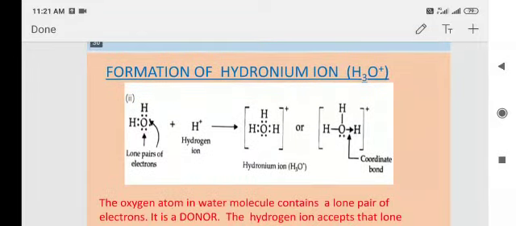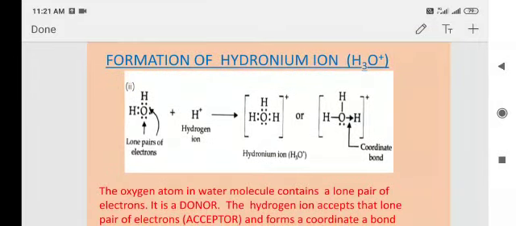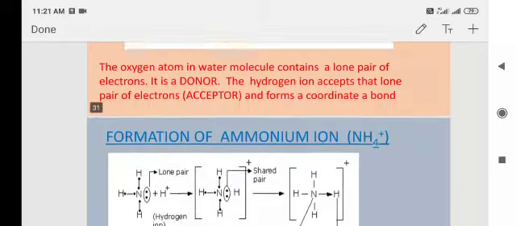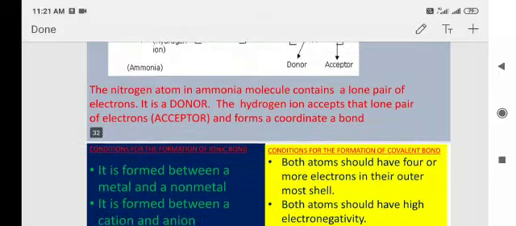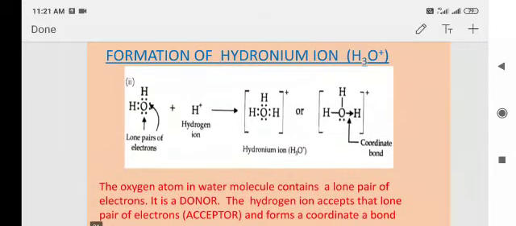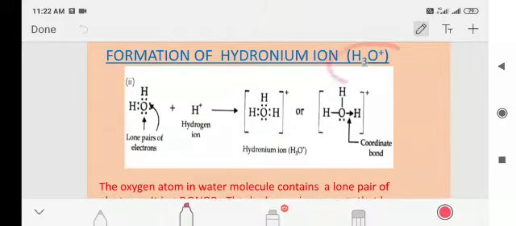Let us come to a real example. The first one is the formation of the hydronium ion. The hydronium ion's formula is H3O+.